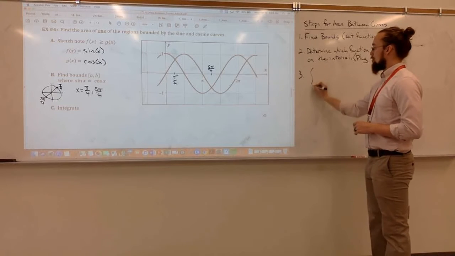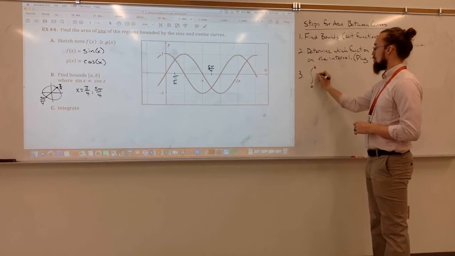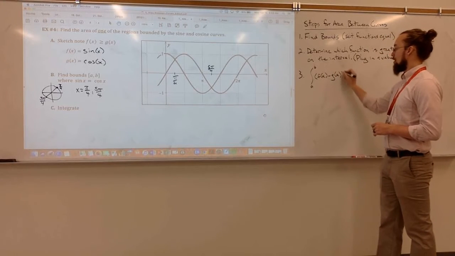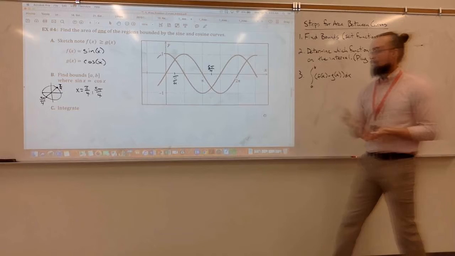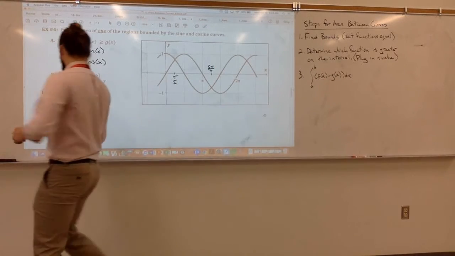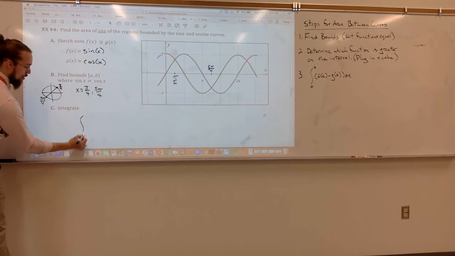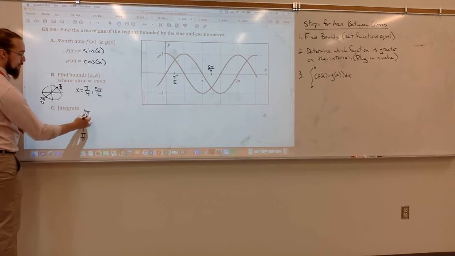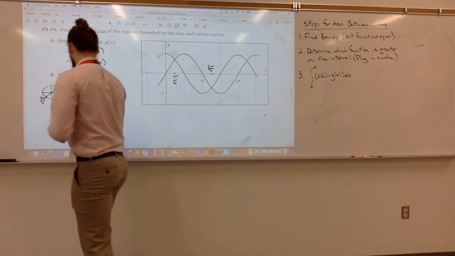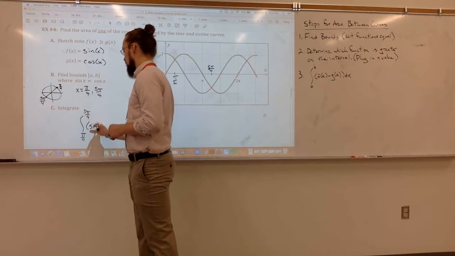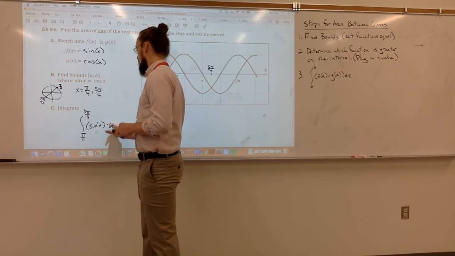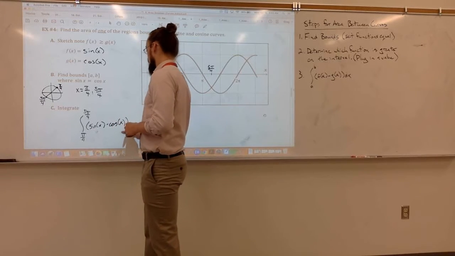Then, step 3 is to set up our integral. So our integral is just this, our bounds, and then our top function minus our bottom function. So here, we would say our integral is pi over 4 to 5 pi over 4 of sine minus cosine.